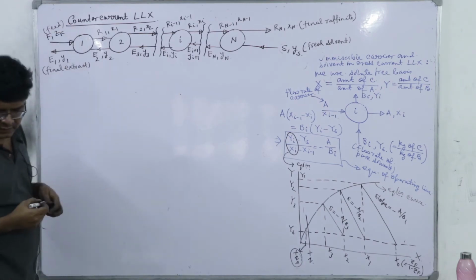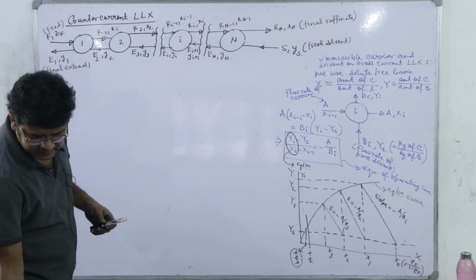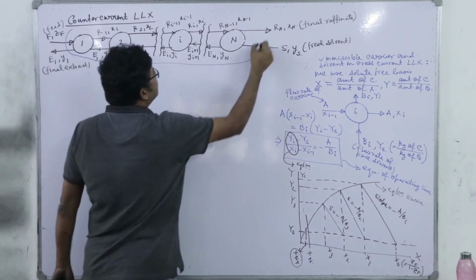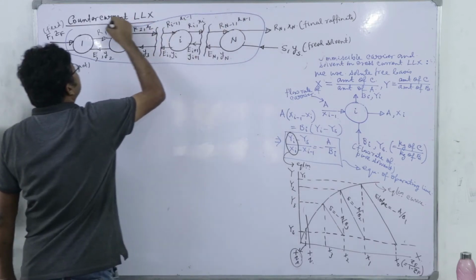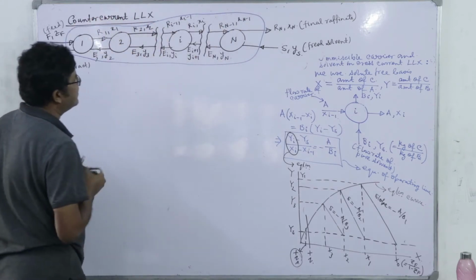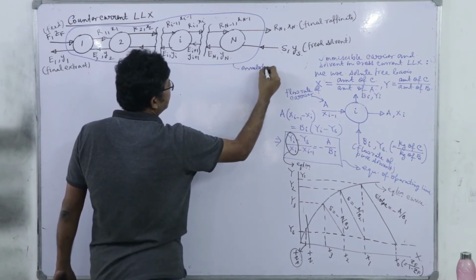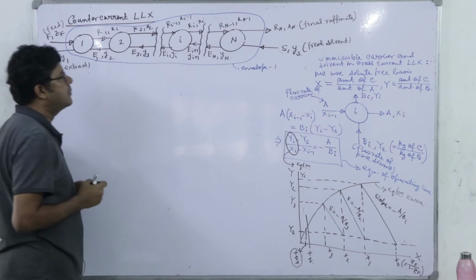So, if we go for an overall material balance and component balance over this cascade, let us say this one is the cascade, say it is the envelope 1, right.